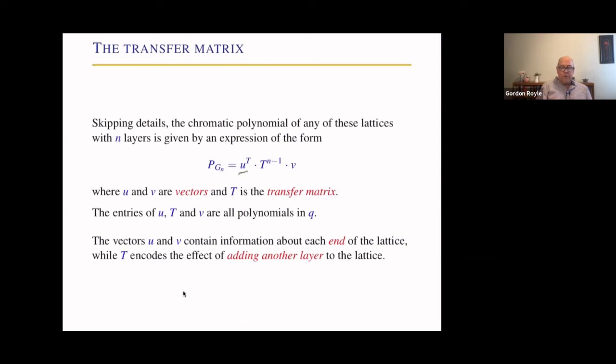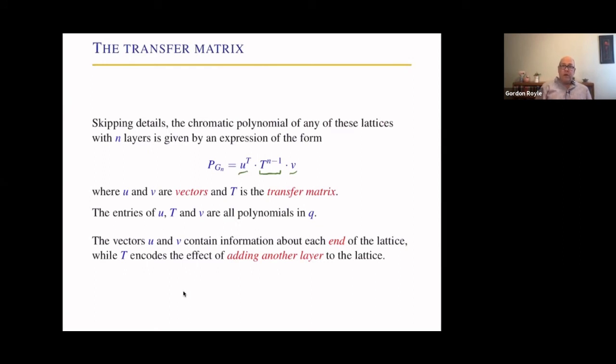You've got a vector that indicates what's happening at the top, another vector indicating what's happening at the other end, and you've got a matrix which encodes the effect of inserting another layer. And normally we just let n tend to infinity and see what happens. U, T, and V are all vectors and matrices whose entries are polynomials in Q.